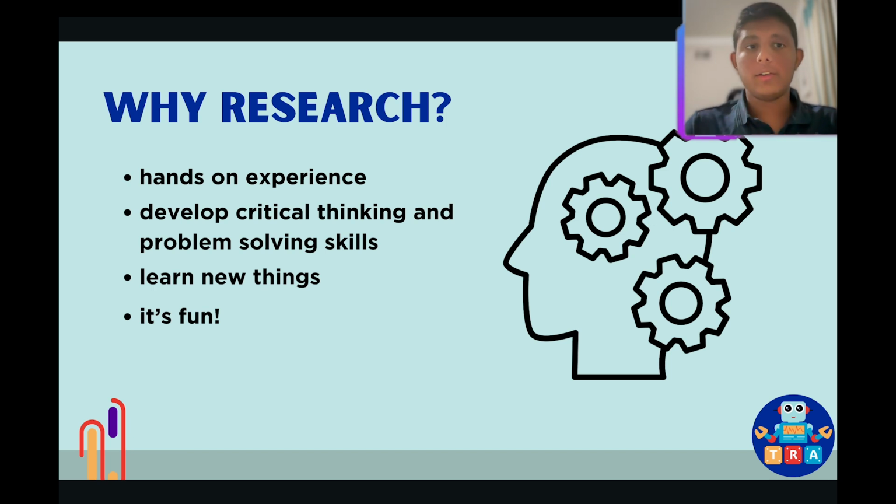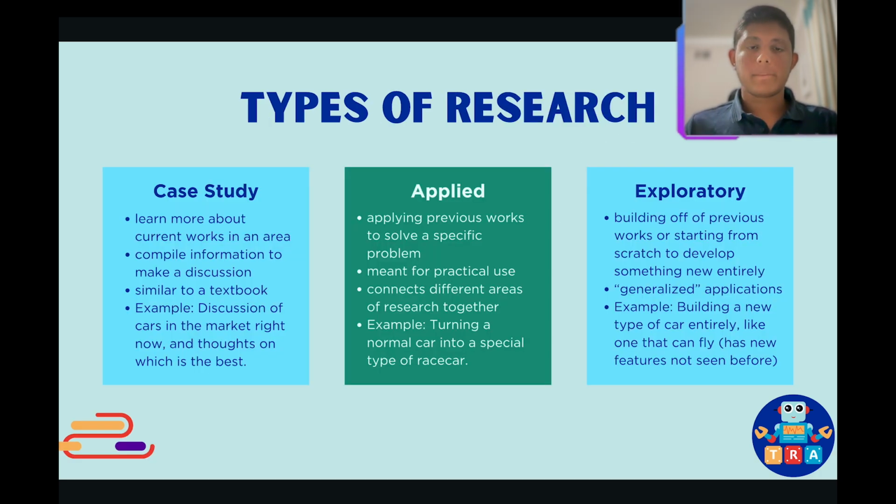And something else you can do is develop critical thinking and problem solving skills. So no matter what research you do, if we go back to this slide, all of these types of research have critical thinking. You're always putting in some of your own input. So for case studies, you're always making that discussion of results and putting your own opinion on there. For applied research, you're always thinking, how can I turn this into something for another area?